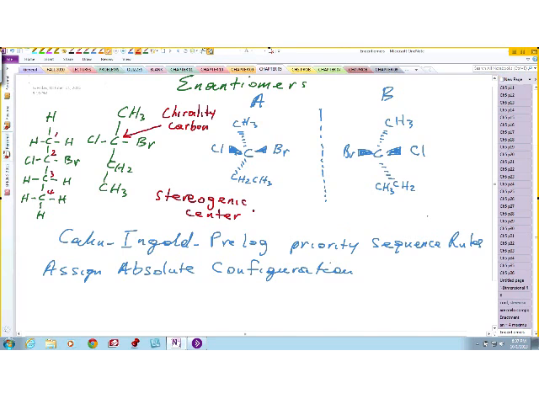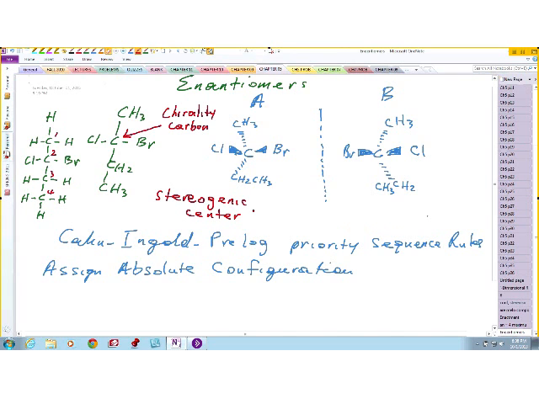Now whatever you want to call it, chirality carbon, chiral carbon, stereogenic center, it must be a carbon atom, or sometimes other atoms, but for our purpose, we are going to focus on carbon. It must be a carbon atom that is attached to 4 different groups or atoms. So if I ask you what's a chirality center, you should be able to say this is what it is, because it's very important. Okay.